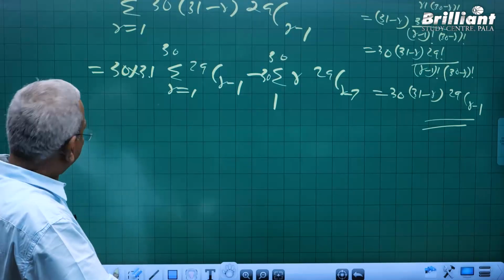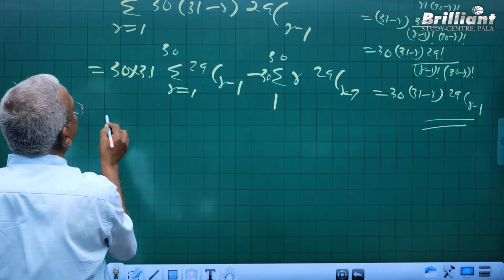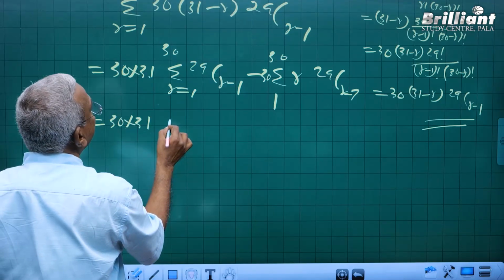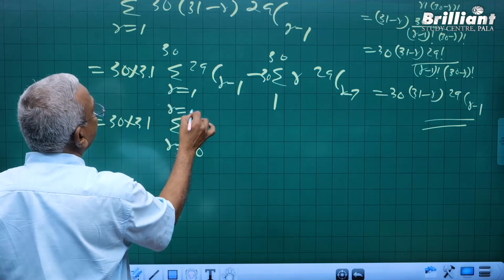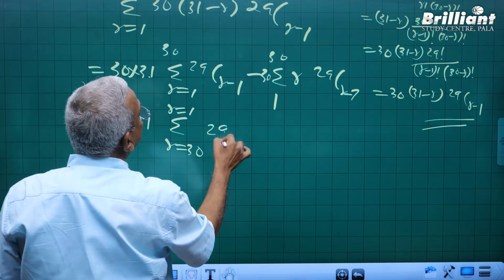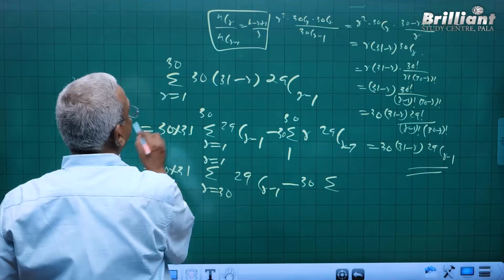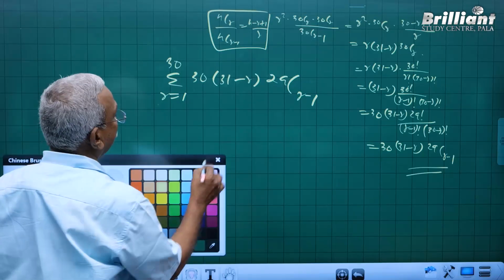Now listen, this will be written on the same pattern by choosing the form 30 into 31 into sigma r is equal to 1 to 30, 29C r minus 1, minus 30 into sigma the same. Only 30 can be taken out.